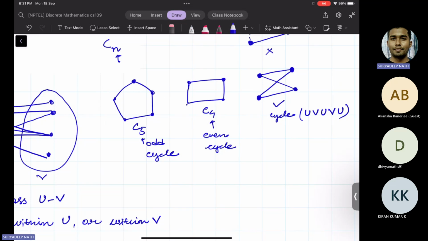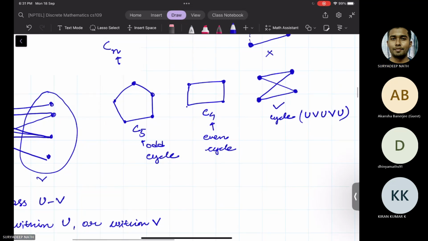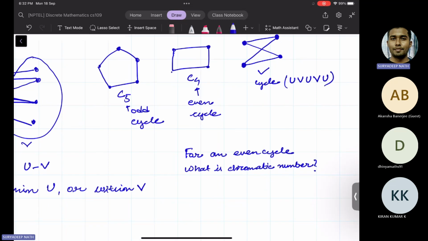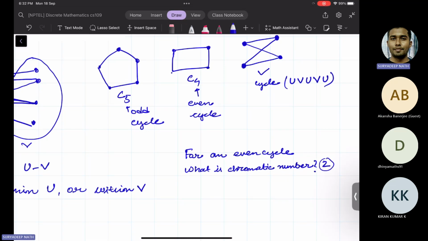For an even cycle, what is the chromatic number? Like, how many colors do you need to color the cycle so that no two adjacent vertices are of the same color? For an even cycle, what do you think is the chromatic number? Sir, 2. Right. So what does this mean? That you can split it up into two colors.